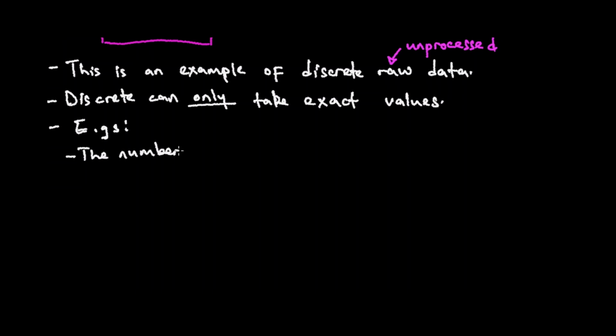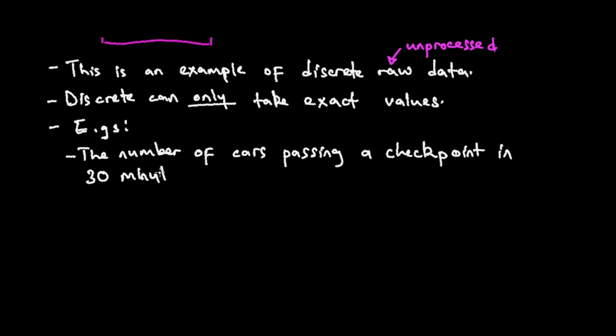The number of cars passing a checkpoint is an exact number because we cannot have a fraction or a decimal point for a car. Even a Mini Cooper, we count it as 1. We don't count it as half.